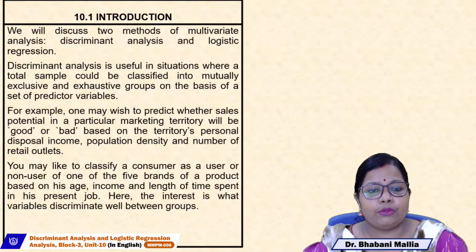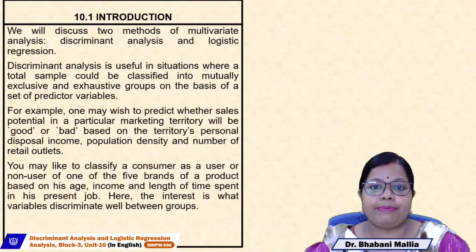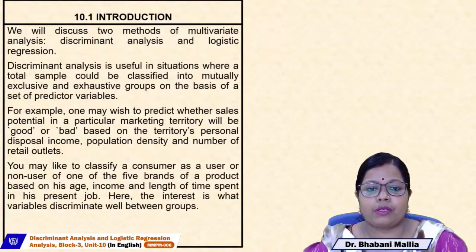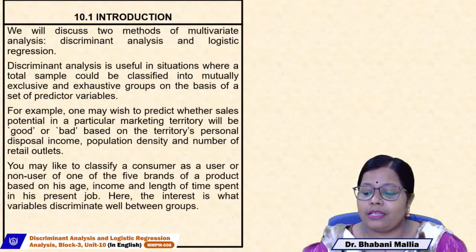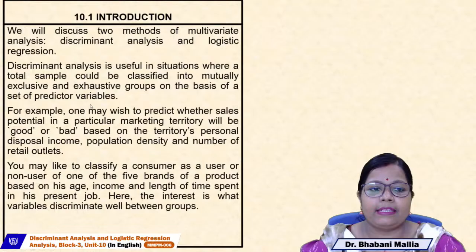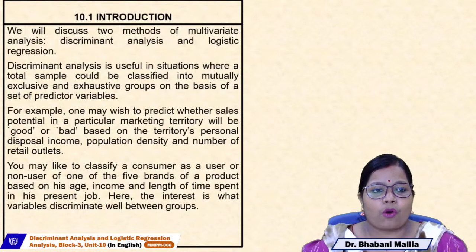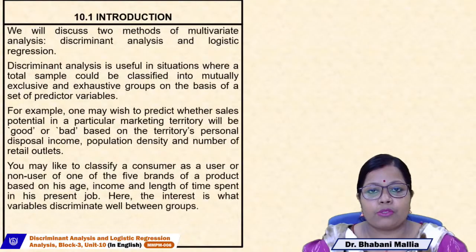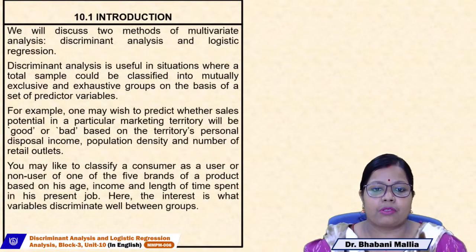It is useful in situations where the total sample could be classified into mutually exclusive and exhaustive groups on the basis of a set of predictor variables. In our previous discussion, we know what a predictor is. A predictor is the independent variable that will predict the dependent variable. So here we are talking about mutually exclusive and exhaustive groups.